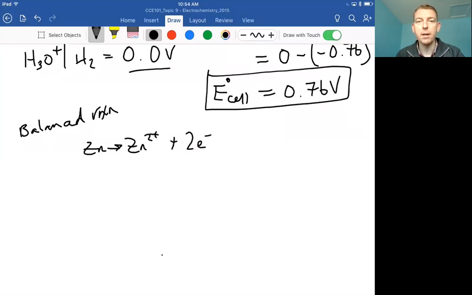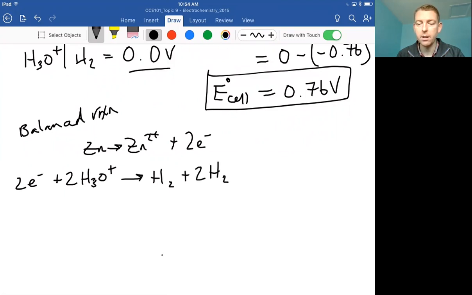And for the balanced hydronium reduction into hydrogen, we have 2 electrons and 2 H3O plus going into hydrogen and 2 waters.